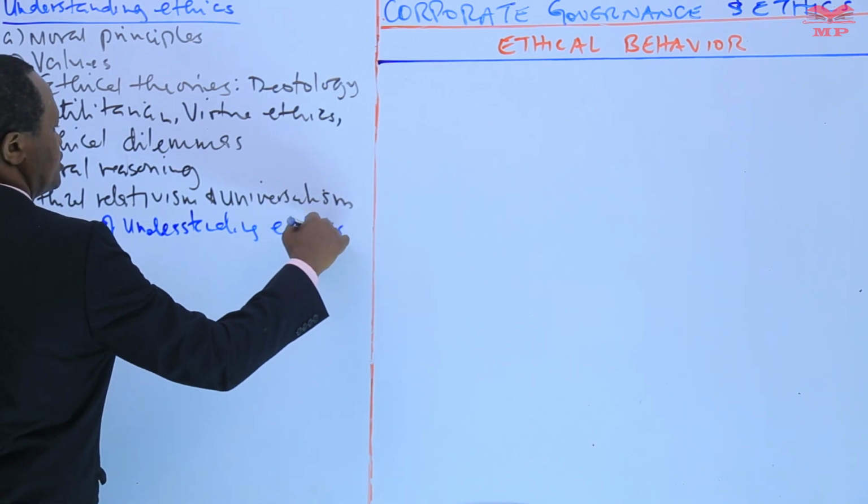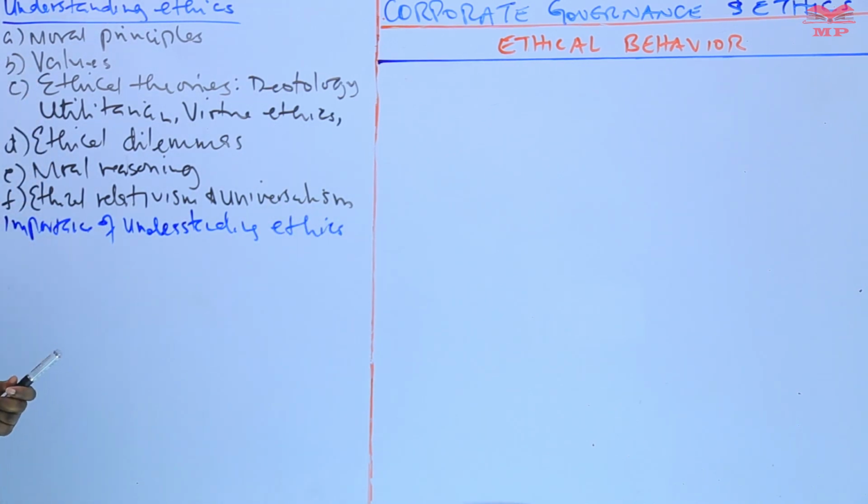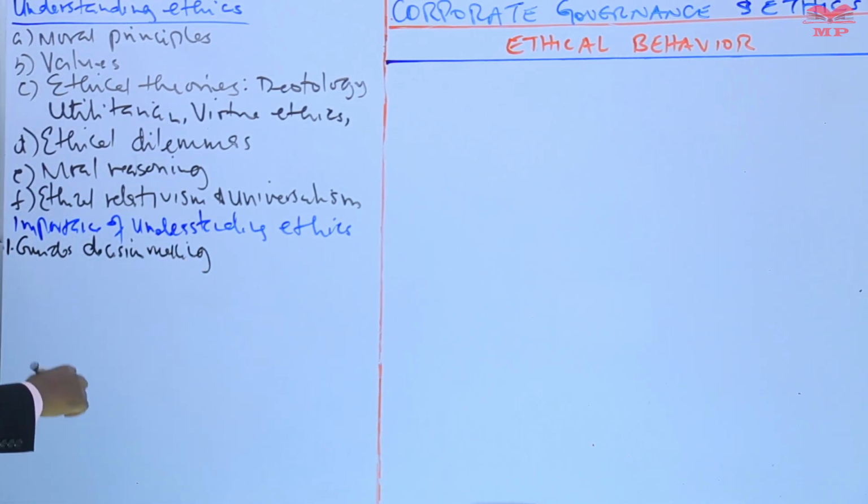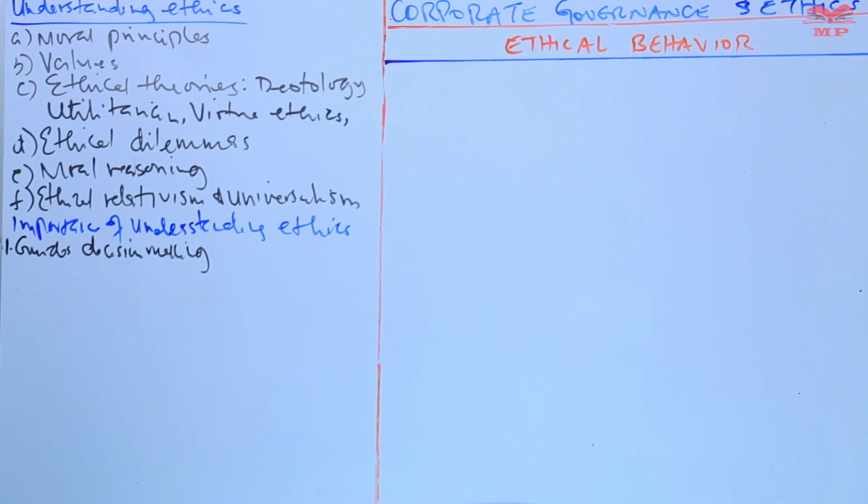Why is it important to understand ethics? Why are you studying ethics? One, ethics guides decision making. Ethics provides a framework for making sound decisions that align with our values and principles.